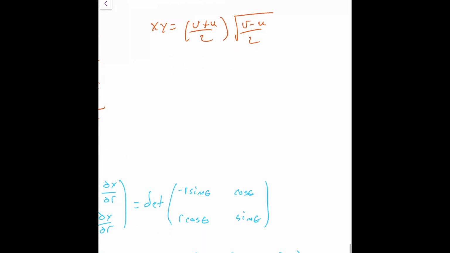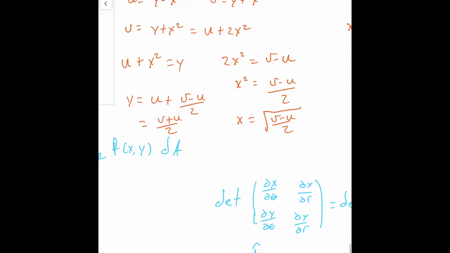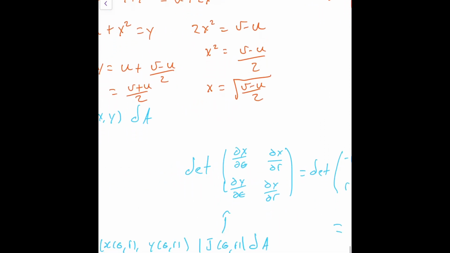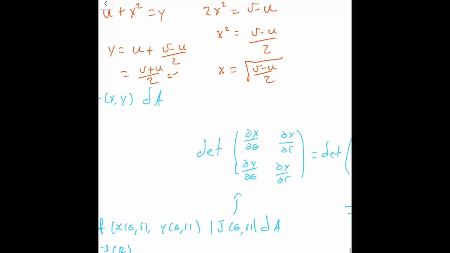Now we have to find the Jacobian. Okay, so now this is going to be fun, or maybe very not fun. We have this is y, this is x, and now we need to take the derivatives.